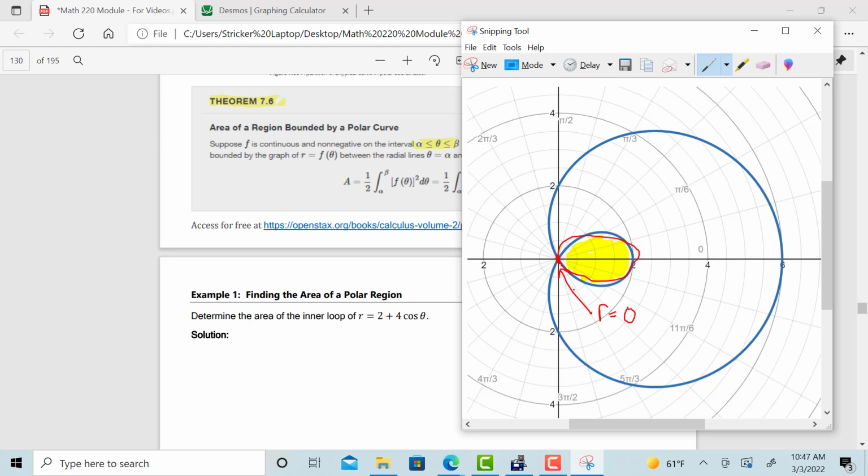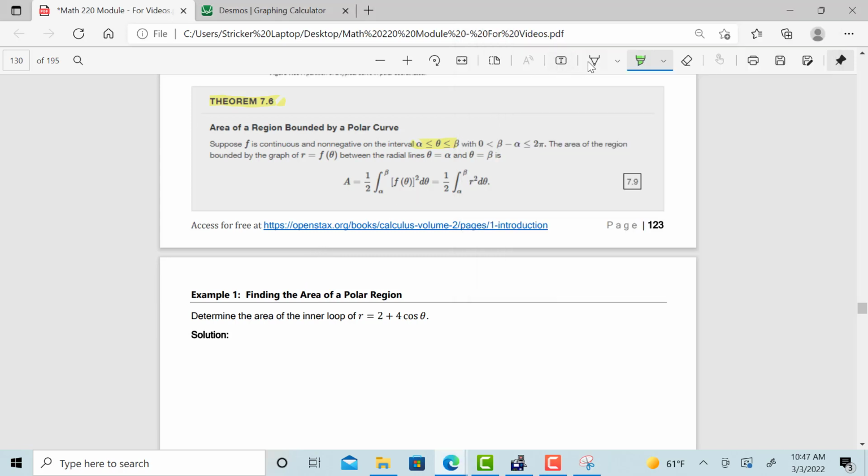In order to do that, because r is 0 when the loop starts and stops, we're going to take our equation and set r equal to 0. So let's write that out.